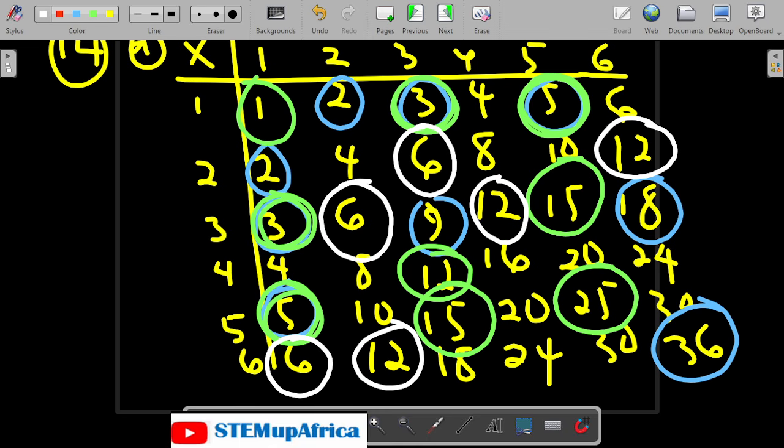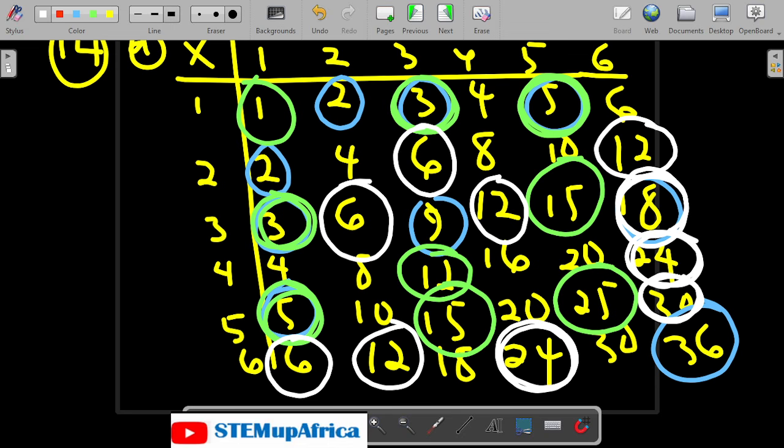We have 24, a multiple of 6. Now we have 30, a multiple of 6. And we have 36, a multiple of 6.